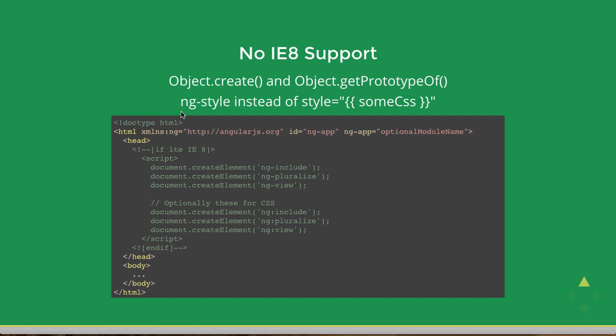And another part is the namespacing. For the directives, you have to have a specific namespace, such as this one. And if you're using IE8 or less, you have to create these specific element tags inside your HTML.